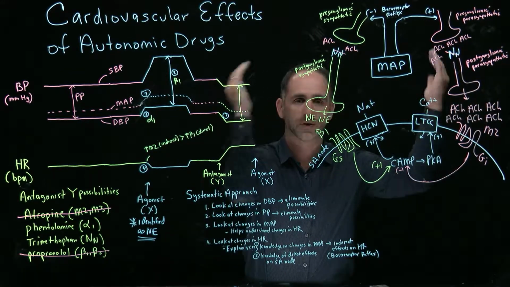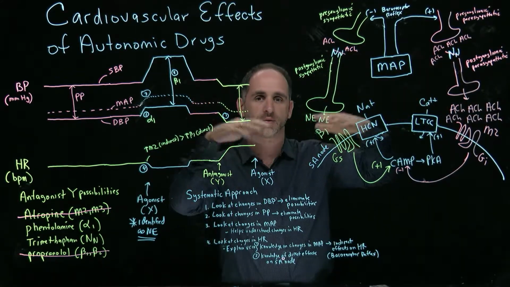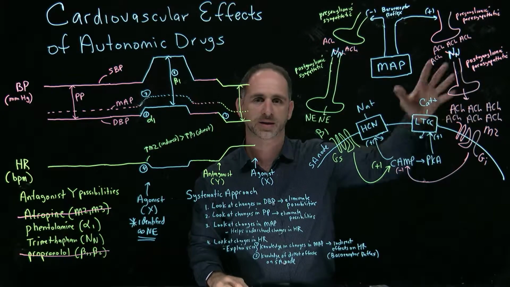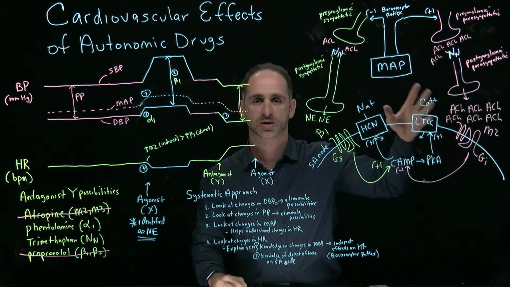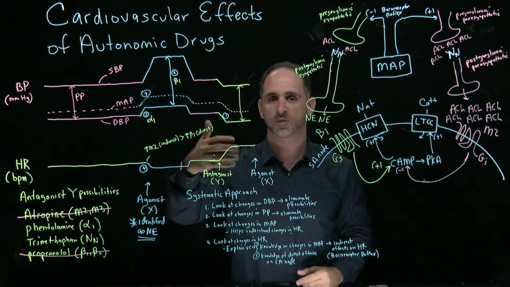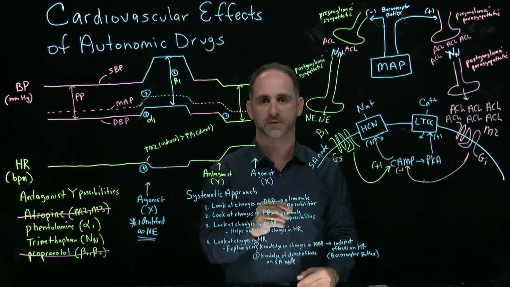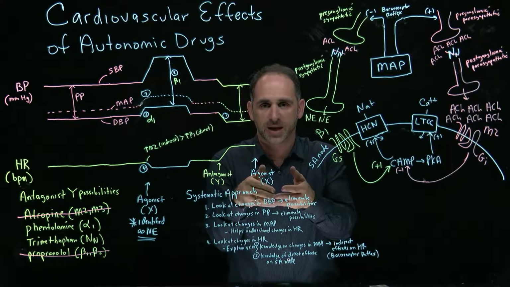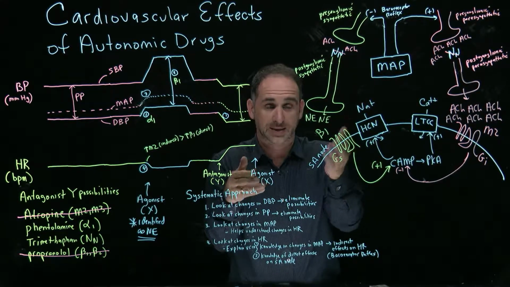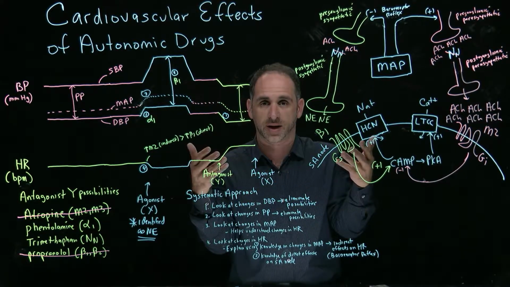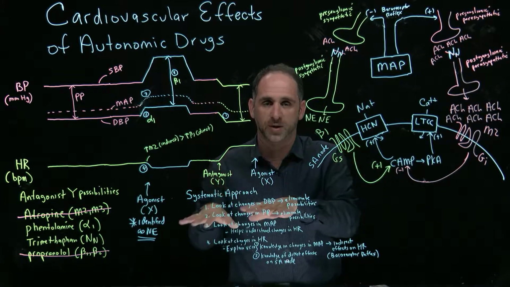But if you take away both divisions, the heart rate will rise because of the dominance of the parasympathetic system at rest. So the heart rate could also be going up with a drug like trimethaphan, not because of a baroreceptor reflex, but because you're making the SA node go to its intrinsic rate, which would be increasing from a lower rate.